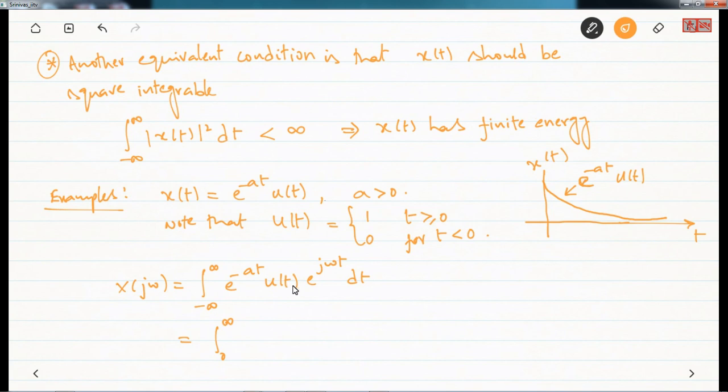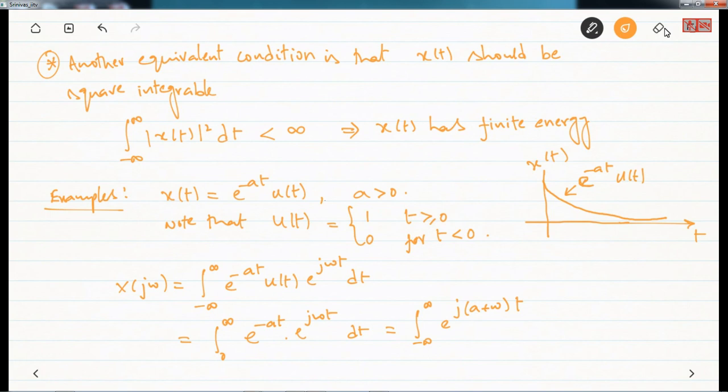So u of t is non-zero only from 0 to infinity. So this will be e power minus at into e power j omega t dt.